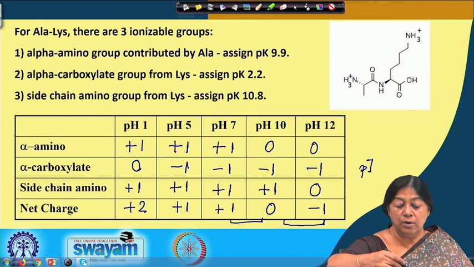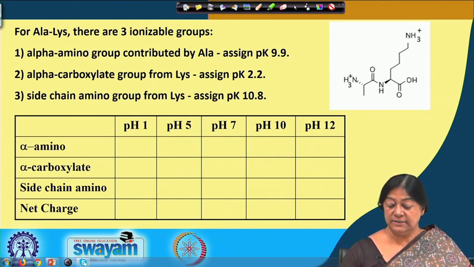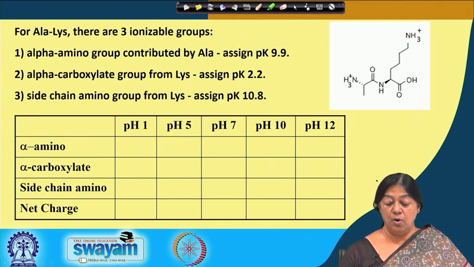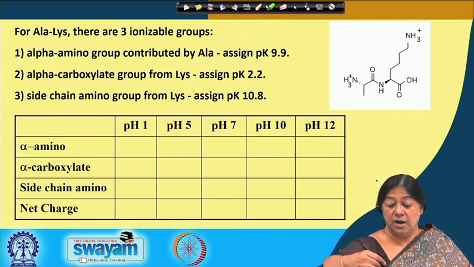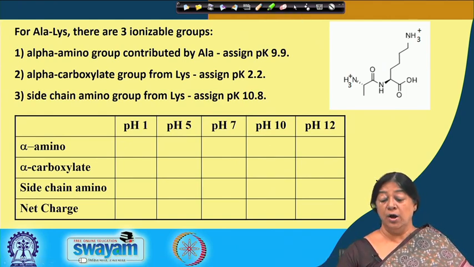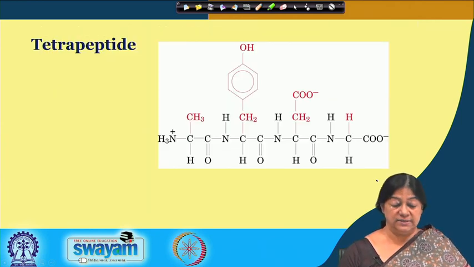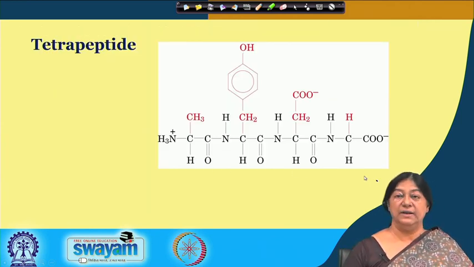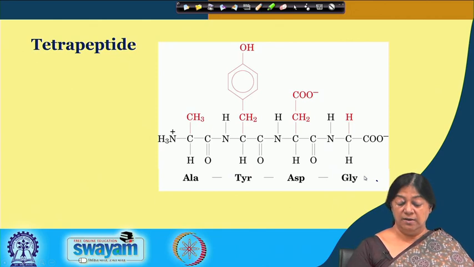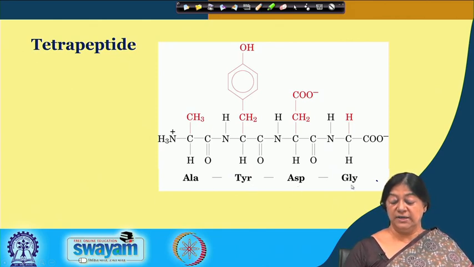We want to go now to the next idea, and we want to consider that if we have now a longer peptide, then what do we see? So, if we have a tetrapeptide like this, we can do the same thing, tyrosine, aspartic acid, glycine.